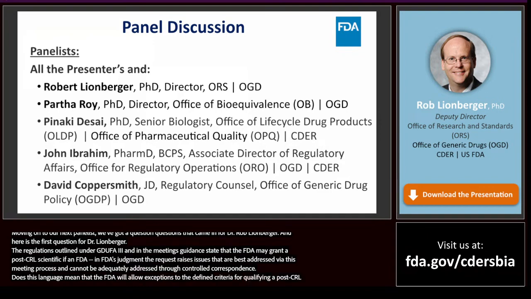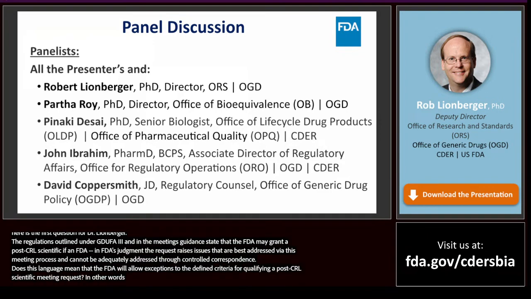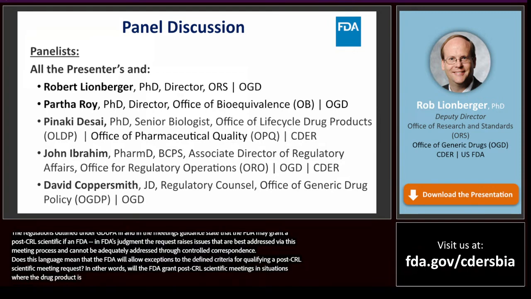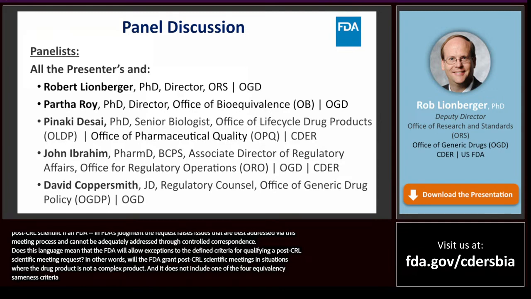In other words, will the FDA grant post-CRL scientific meetings in situations where the drug product is not a complex product and it does not include one of the 4 equivalency sameness criteria, but may have a complex regulatory history or other complex and unique challenges?